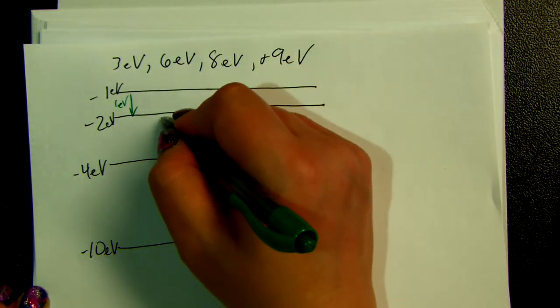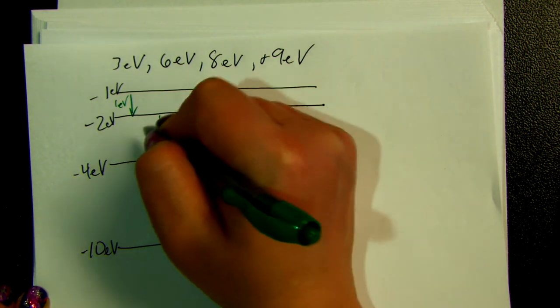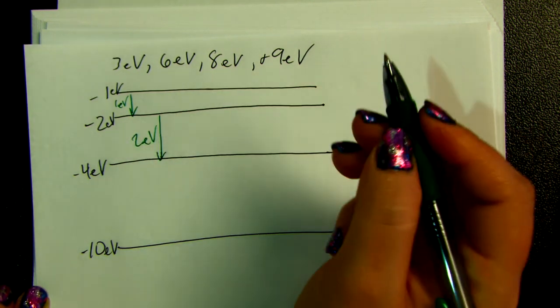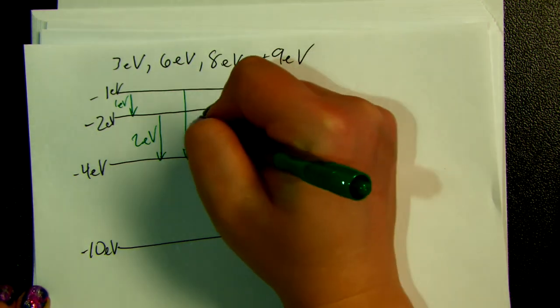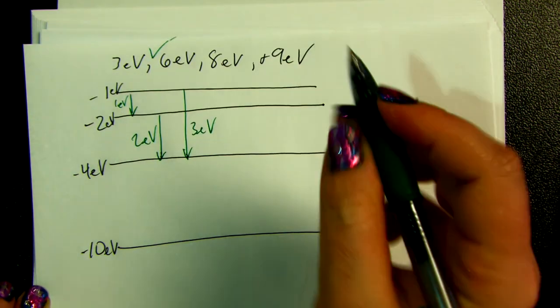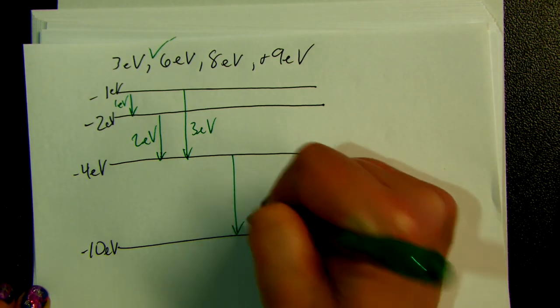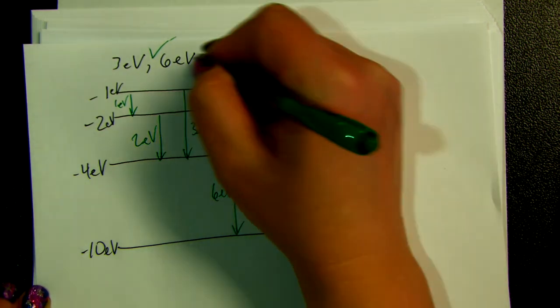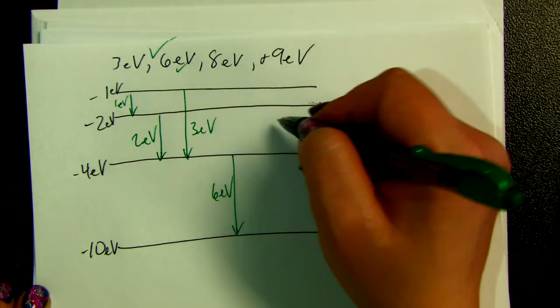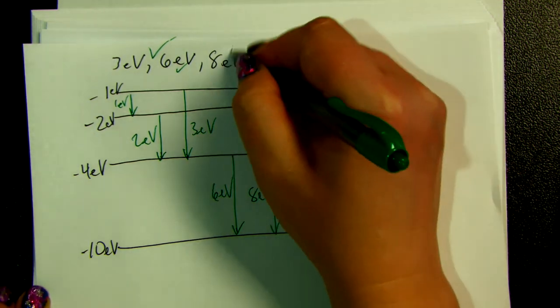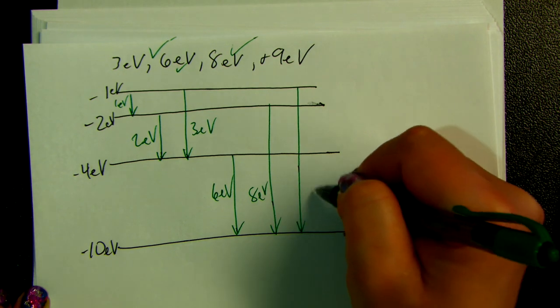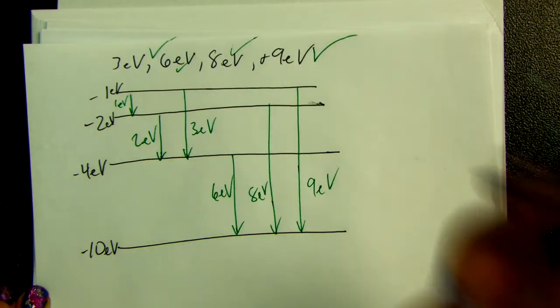Then we'd have a 2 eV, which we also can't observe. A 3 eV, which we did. A 6 eV, which we observed. This would get us our 8 eV, which we observed, and then a 9 eV, which we observed.